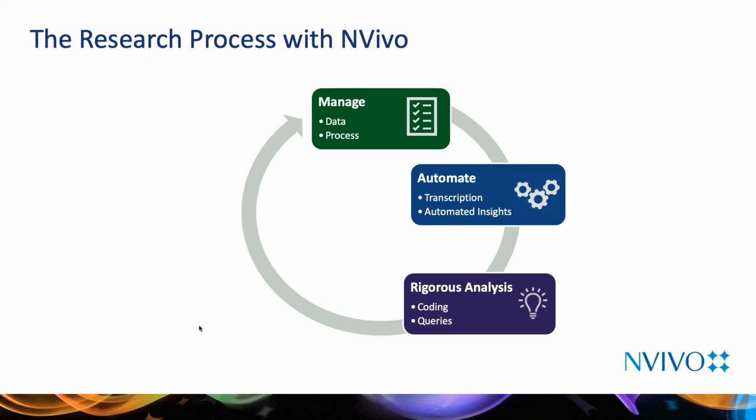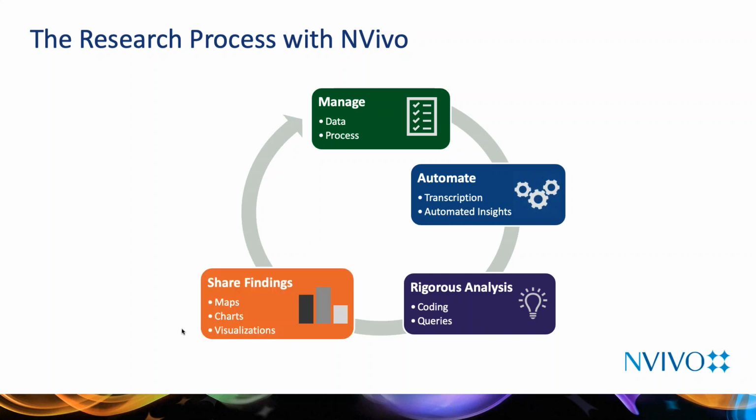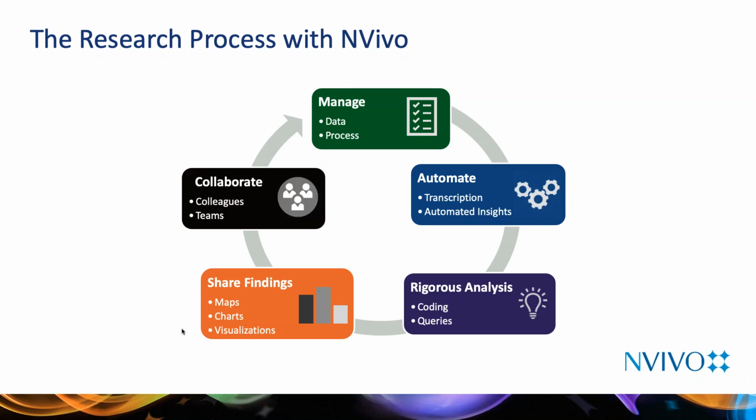Regardless of the version you're using, though, that adds a rigor to the work that you're doing: the coding, the queries that you're doing, your ability to ask more intricate questions and take your data and view it through different lenses. Being able to share your findings, be it through maps, charts, or visualizations.